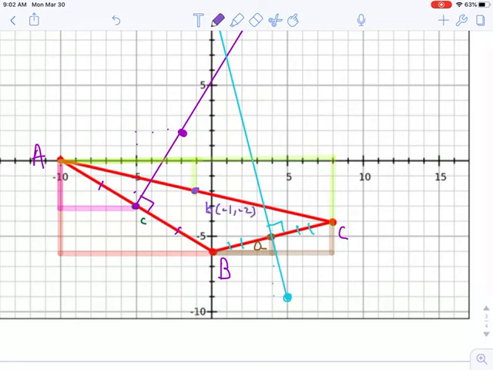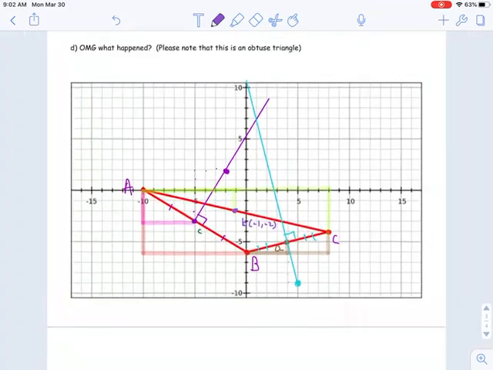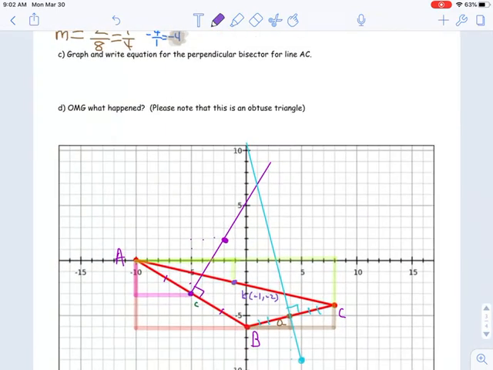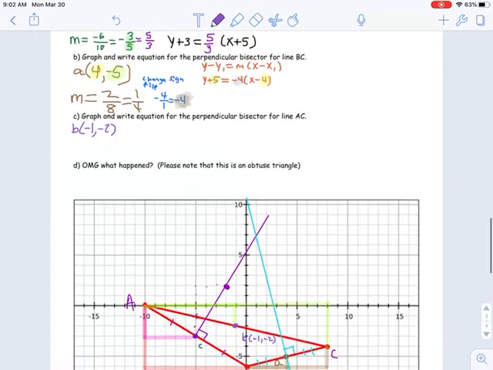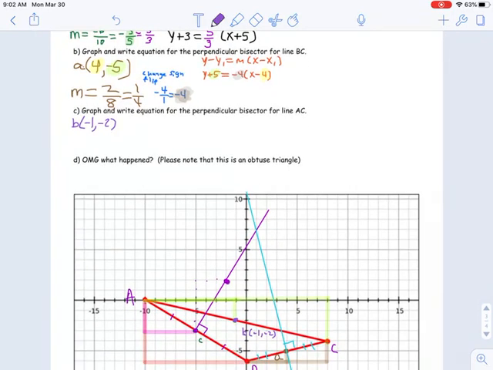Now, what's the slope of line AC? Well, we already said we went down 4 and over 18, or -2/9.